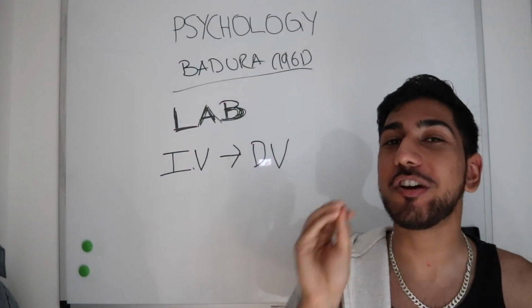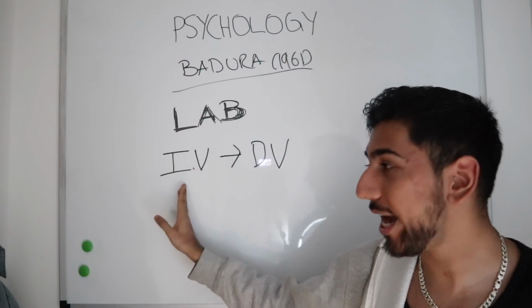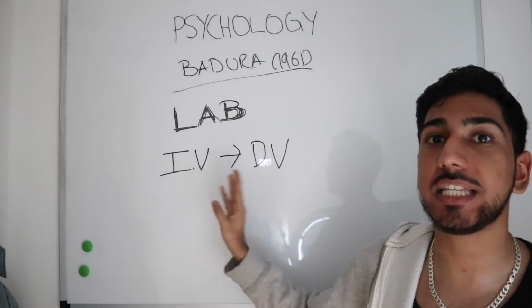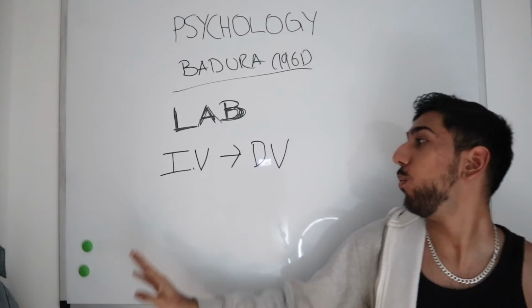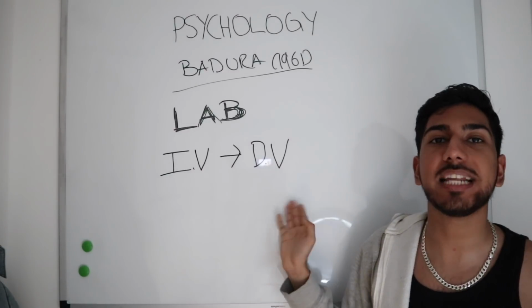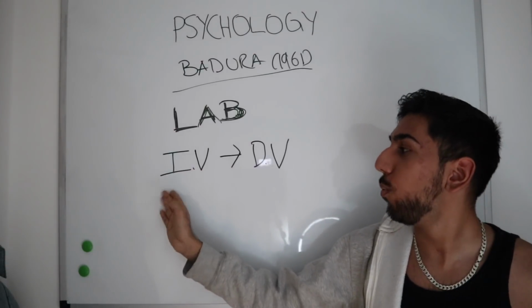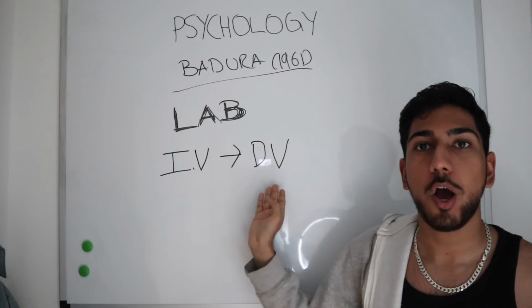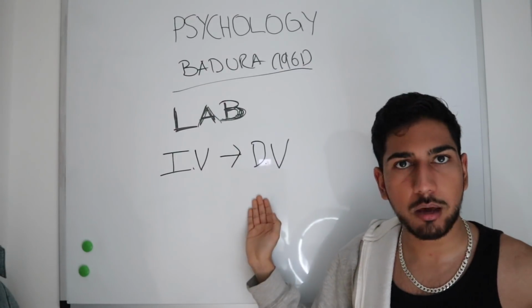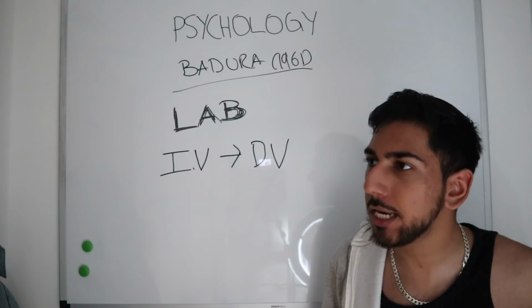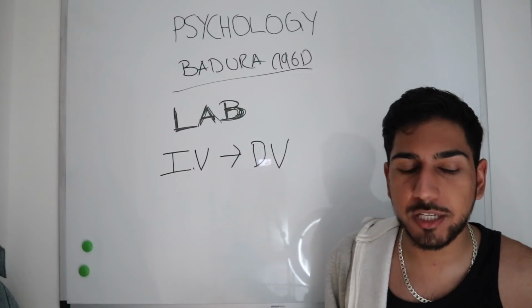So what Bandura is trying to look at is, what is it that influences kids to be aggressive? What is it that influences a certain type of behavior? What is it that makes kids aggressive? What is it that makes some people dumb? What is it that makes some people ugly? What makes it that some people have acne? And find out the solution and tell me.